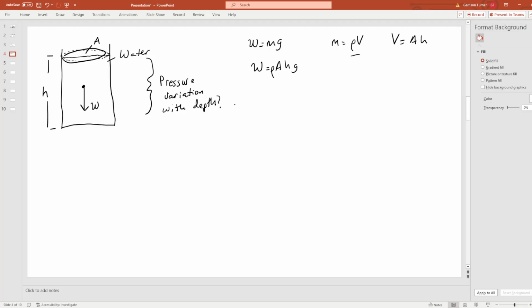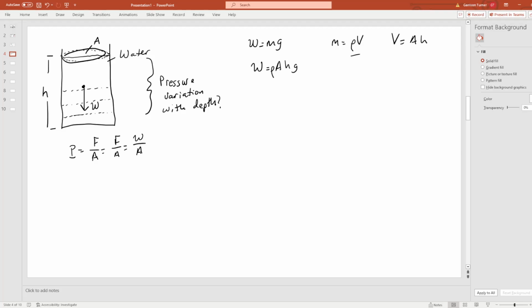But what is pressure? Remember that pressure is equal to force per unit area. So if I look at any level within the fluid, that local level is going to be equal to the force exerted down on it over its area, or the weight with which it is pressed down.